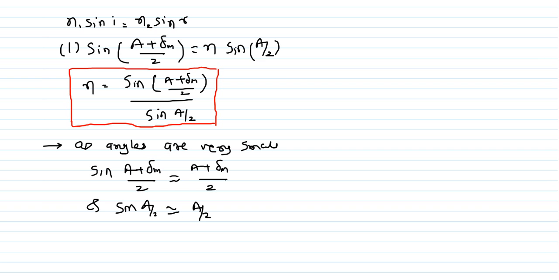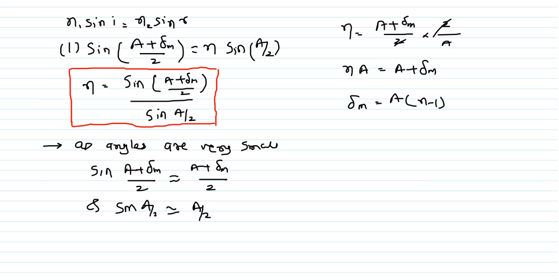Okay, therefore what is the eta? That is A plus delta m by 2 upon A by 2. So here 2 gets cancelled. So eta into A, that is A plus delta m. So what is the delta m? A is common, then eta minus 1. So delta m is equal to A times eta minus 1, right. So it is for minimum angle of deviation, right friends.